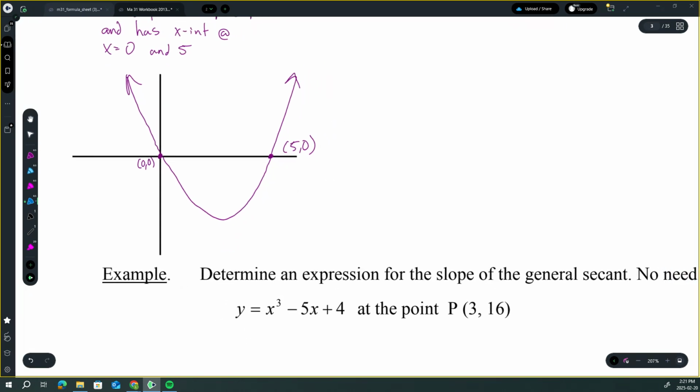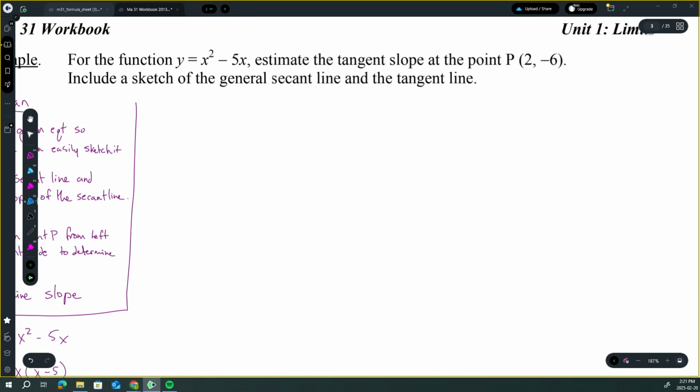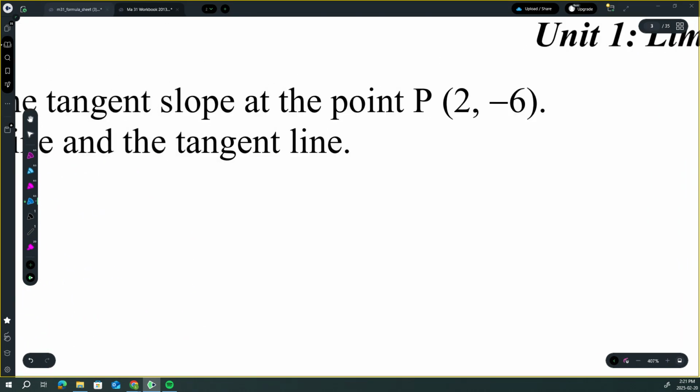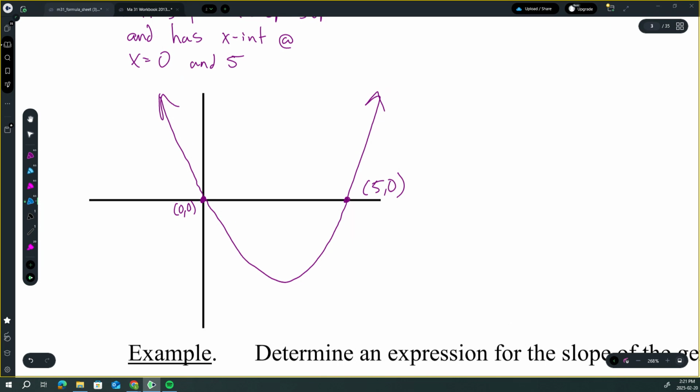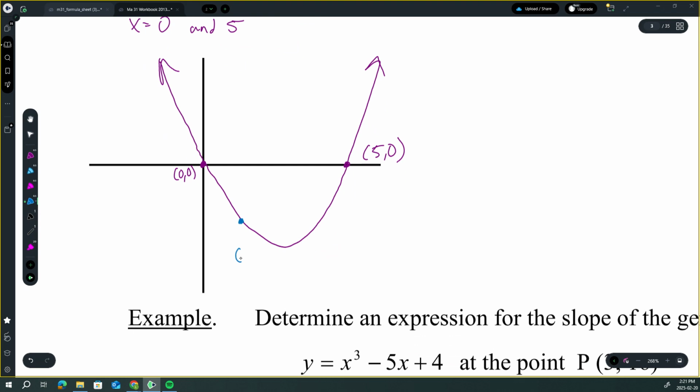Okay, so looking back at the question, it says we have a point at (2, -6). So I'll take a look here, and we'll say approximately that's there. This drawing may not be to scale, but that gets the job done well enough.